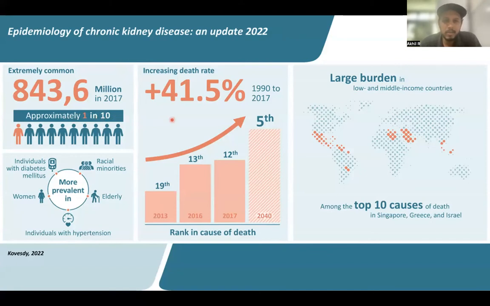Over the last 3 decades, there is an increase in death rate by more than 40%. It is predicted that the disease will be a major cause of death in the year 2040, and will be the fifth leading cause of death. And the large burden, as we have already mentioned, is in low and middle income countries.